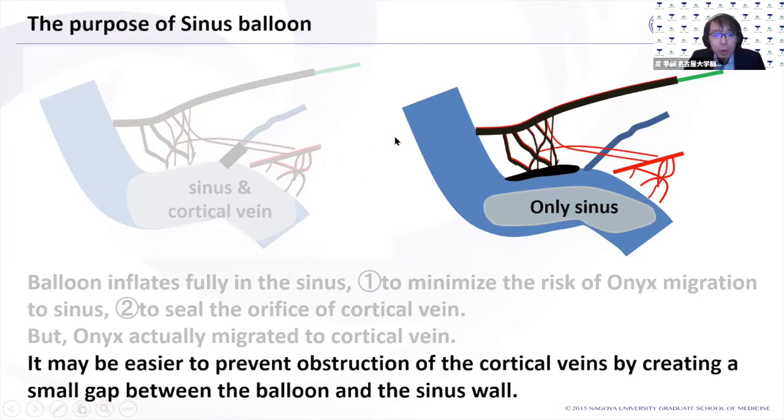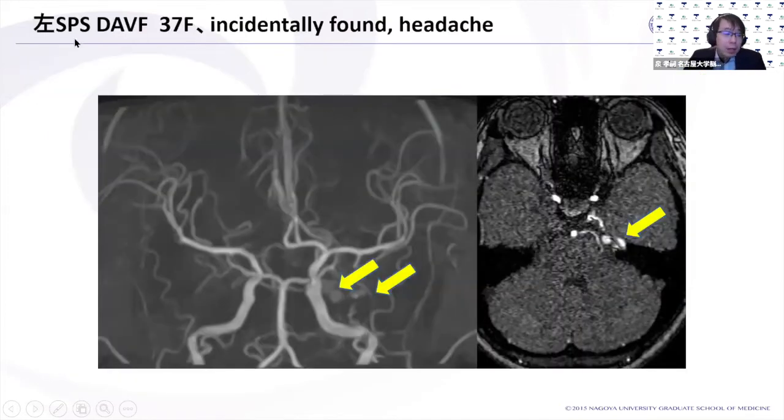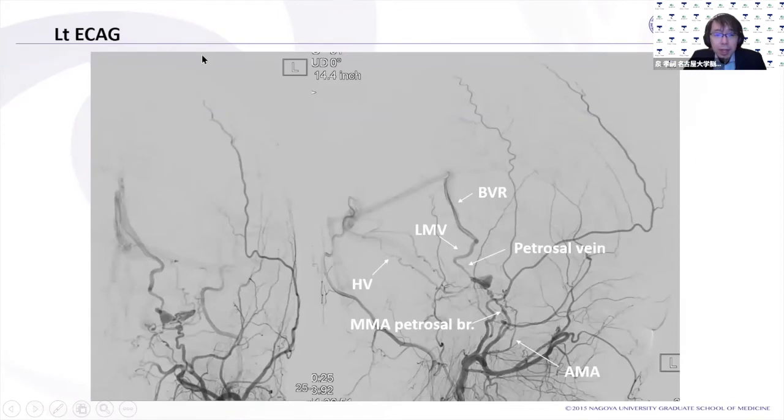Here's very important. Here, the left SPS dural AVF, a unique case, incidentally found, and she has headache. She has a very high intensity area, a large pouch. And here the ECA, AP view and lateral view.